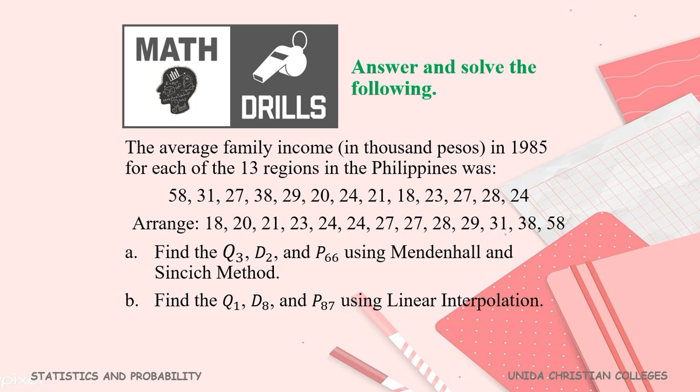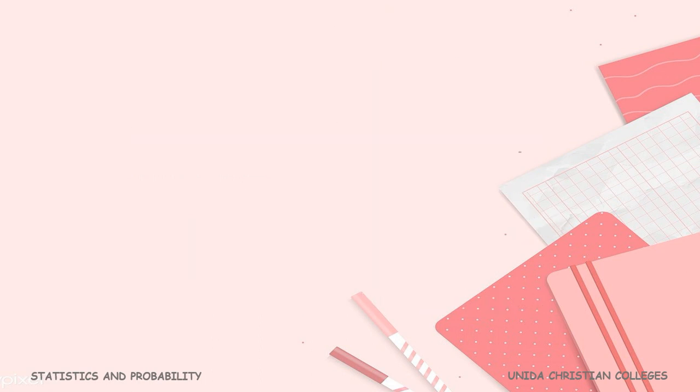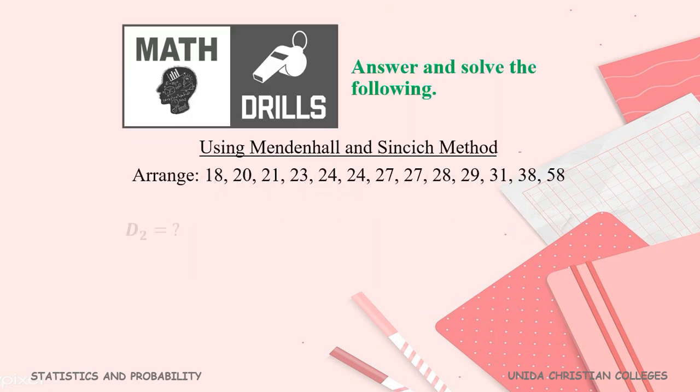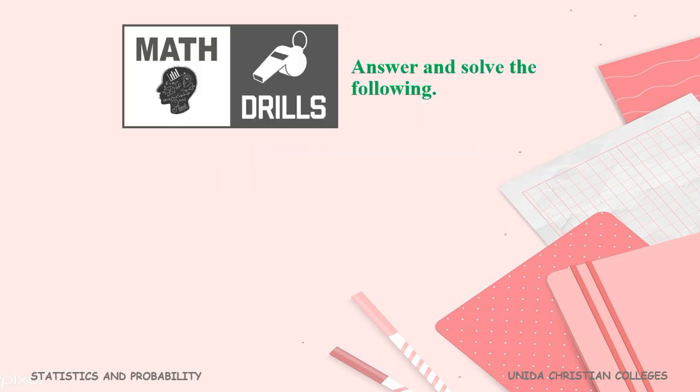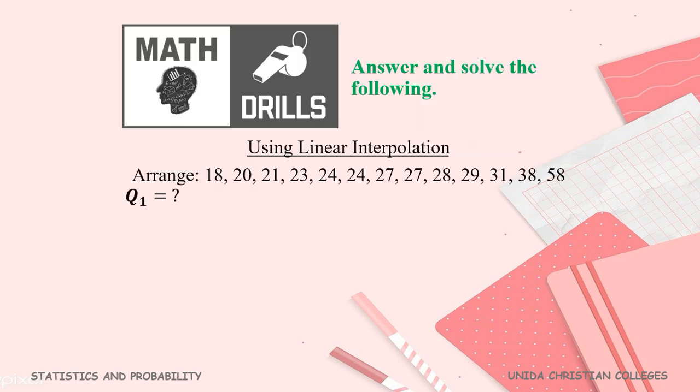Dito naman sa letter B, you will find the first quartile, 8th decile, and 87th percentile using the linear interpolation. So, meaning, sa position po, wala kayong gagalawin. I-interpolate nyo po para makuha nyo yung value. Okay? So, pwede nyo na pong itry yan para makuha nyo na po yung sagot before pa po tayo mag-synchronous class.